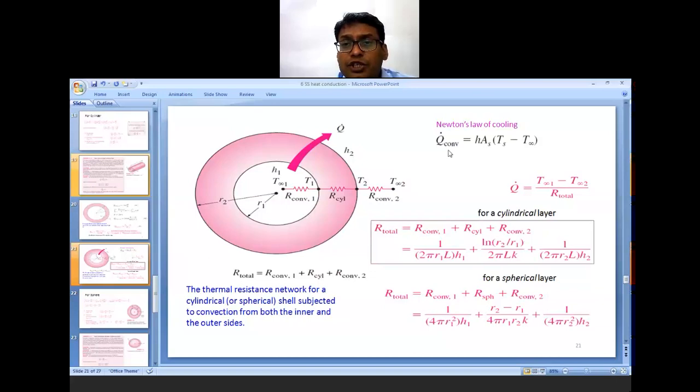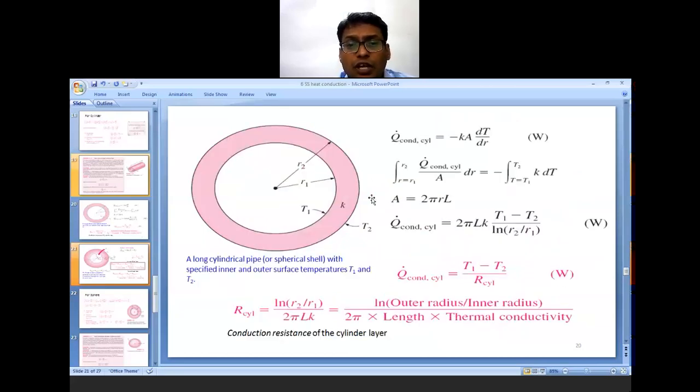So the convective resistance, the conductive resistance, and again the outer convective resistance. So the total resistance will be R convection 1, that is inside, then the resistance for the cylinder, and third, the R convection for the outer surface of the cylinder.